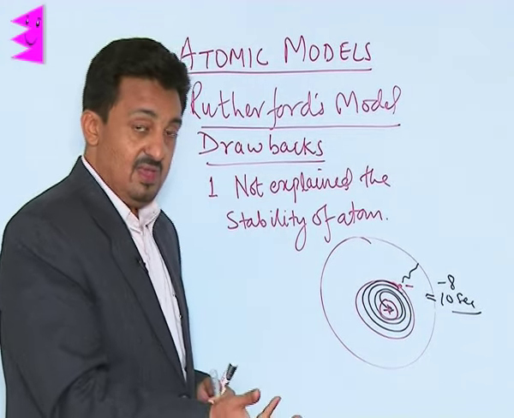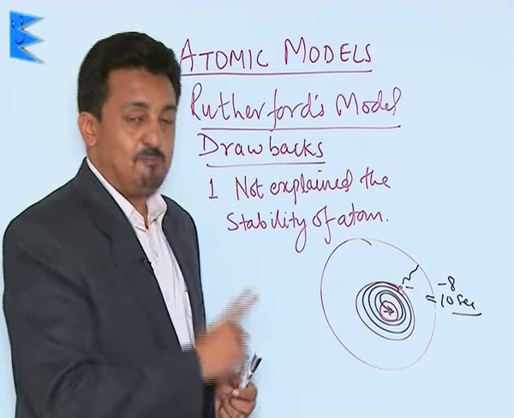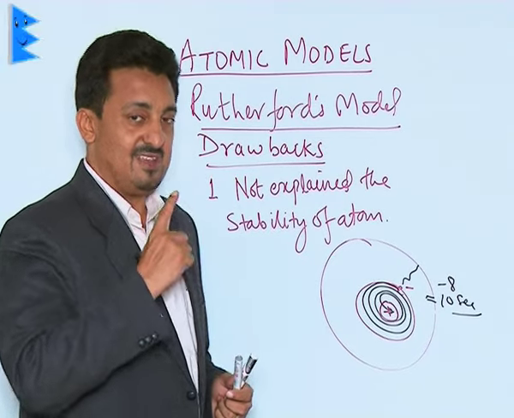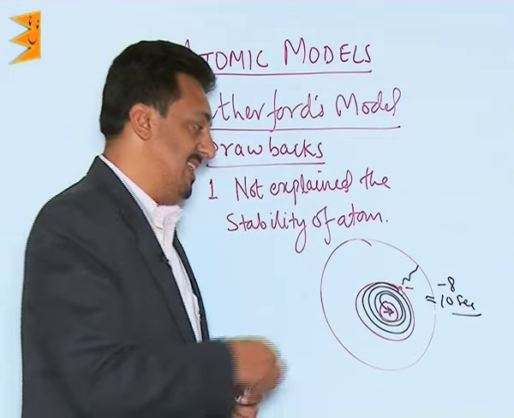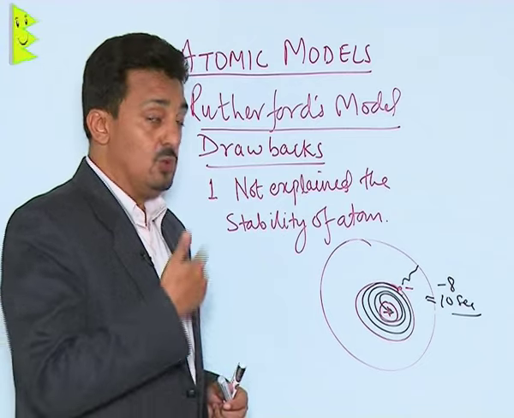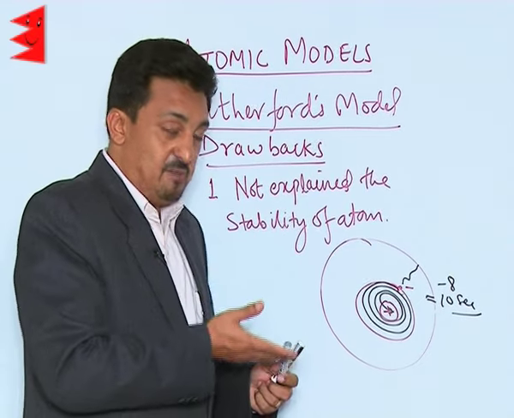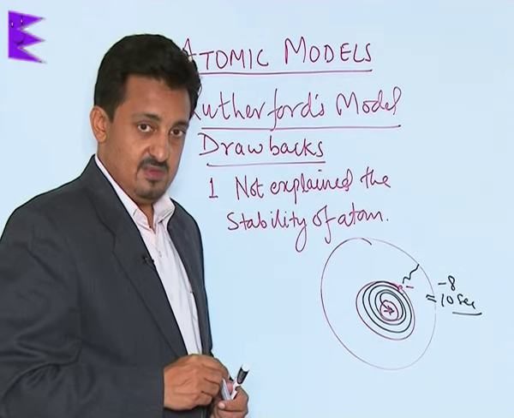Why? Because according to Maxwell's electromagnetic theory, any charged particle which is getting accelerated has to lose energy. Therefore, once the electron moving around the nucleus loses energy, its path will keep on decreasing, and ultimately it will collapse on the nucleus.